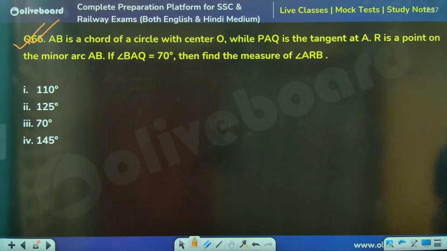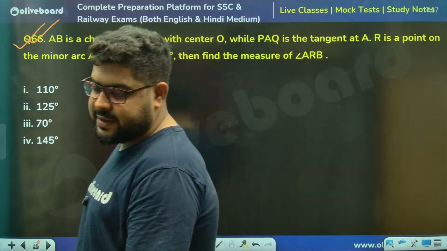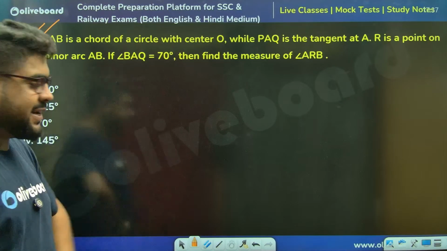Okay, please solve this. Very, very simple question based on the alternate angle theorem only.